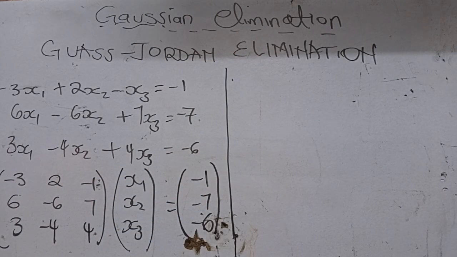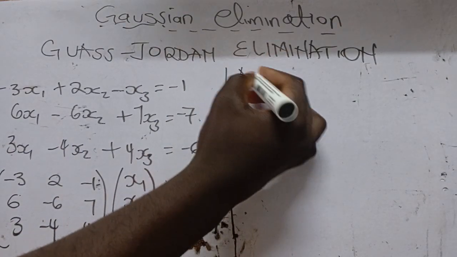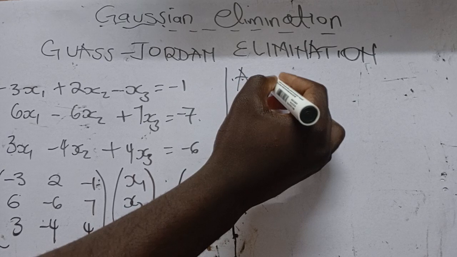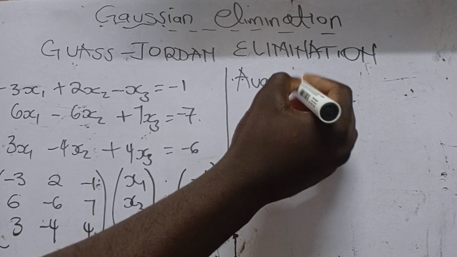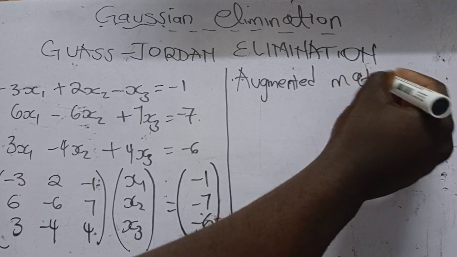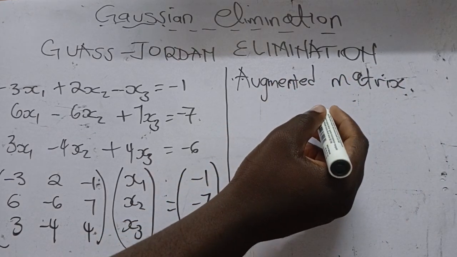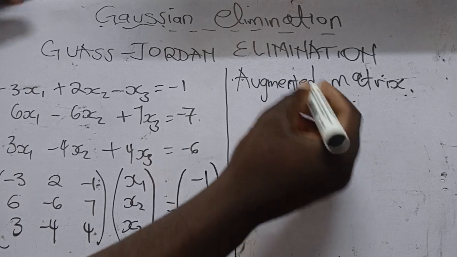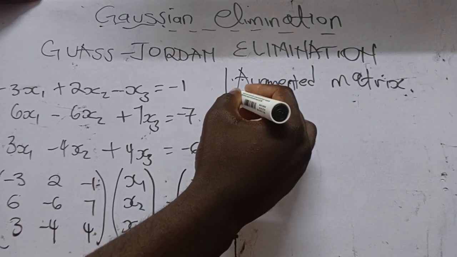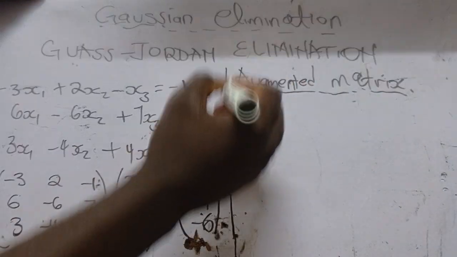So let us put it in augmented matrix. You can do this using a Gaussian method, but let us continue with this.